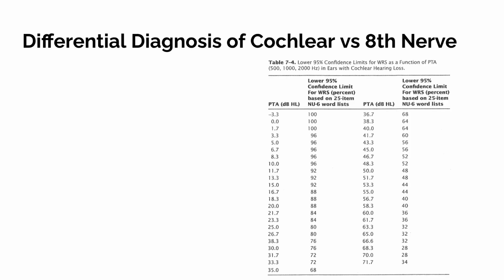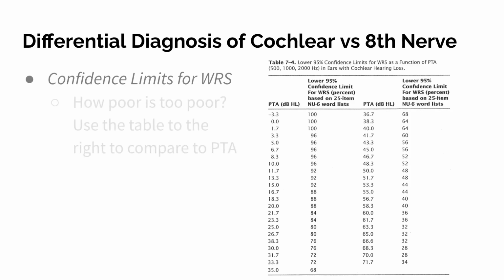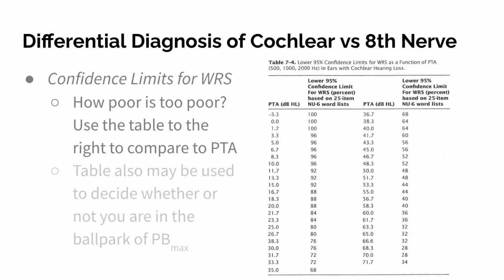What is more important is this table here, these confidence limits by Dubno 95 for how poor is too poor. You can use this table based on the pure tone average. So if you have a pure tone average and you're using the NU6 Auditec list, the table may help you decide. If you have a PTA of, say, 25 dB, your score should be no worse than 80% correct.